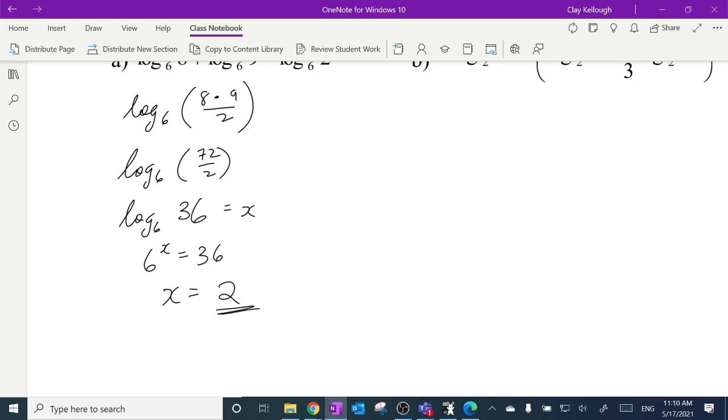The answer is 2. I'm perfectly happy if at this step you just say log to the base 6 of 36 equals 2. You don't have to reintroduce algebra to it if you don't want to. And you don't have to switch to an exponential equation if it totally makes sense to you that, oh yeah, log to the base 6 of 36 is 2.